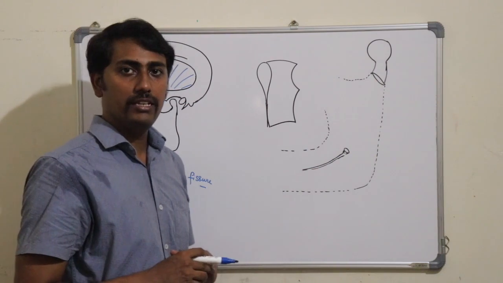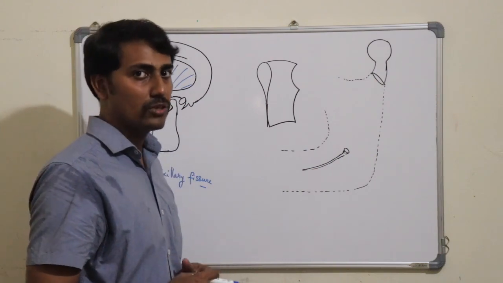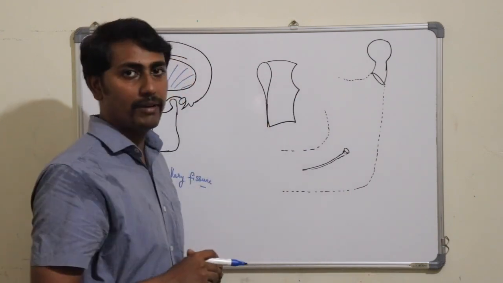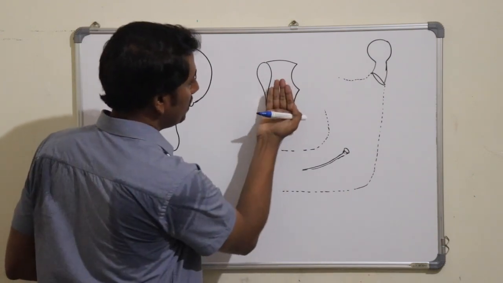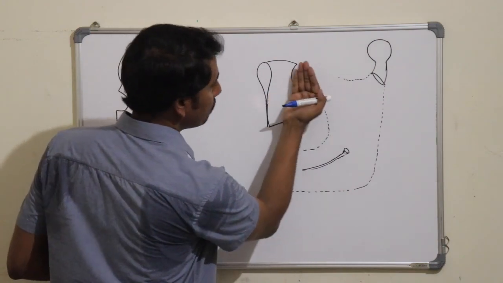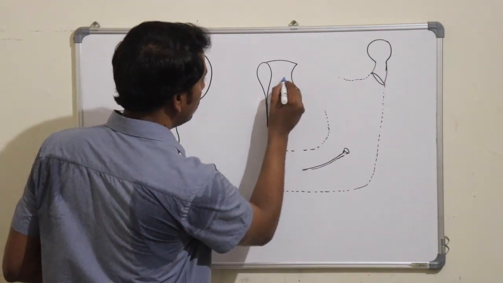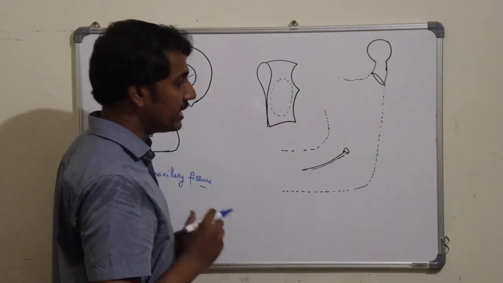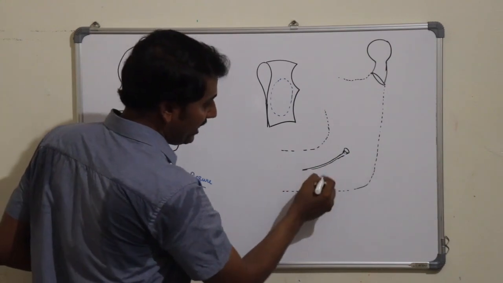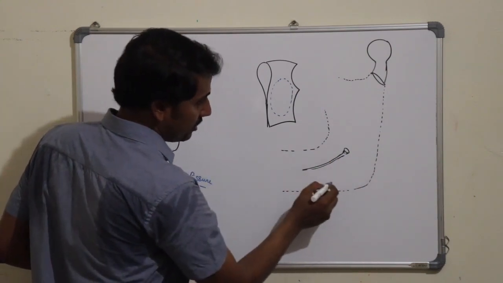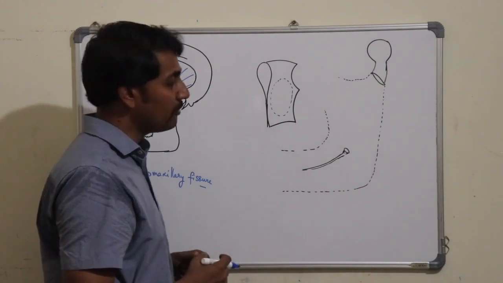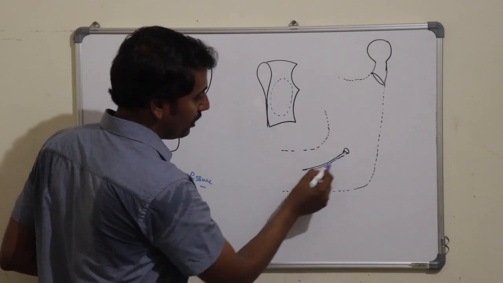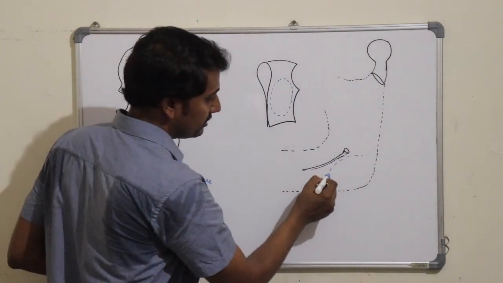The deep head of the medial pterygoid muscle arises from the medial surface of the lateral pterygoid plate. That is, if this was the lateral surface, the medial surface would be at the back of this. So we will draw it as a dotted area and gets attached to the roughened area which is present on the medial surface of the angle of the mandible, below and behind the mandibular foramen and the mylohyoid groove, that is this area.